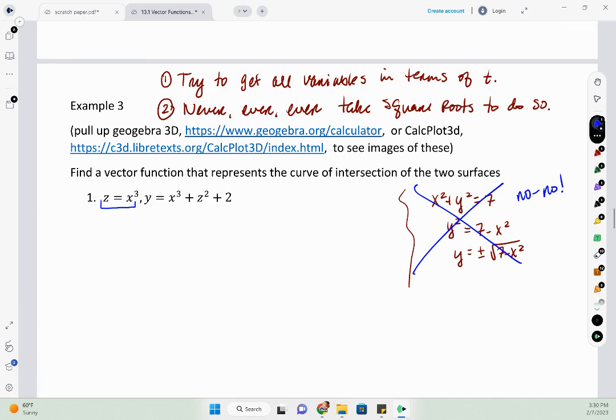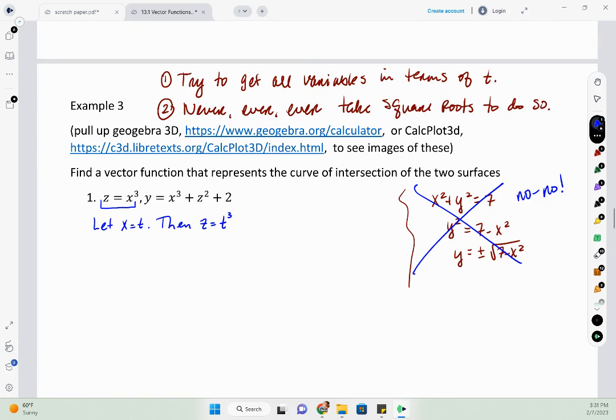Z equals something. So I'm thinking it might be good to let x equal t, because then z is equal to t cubed. And so now I have x and z in terms of t.